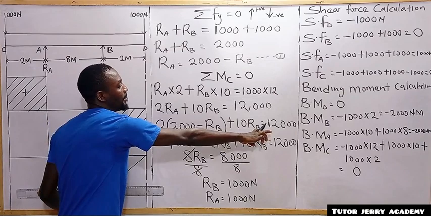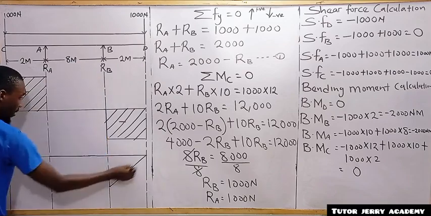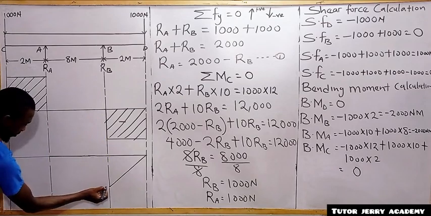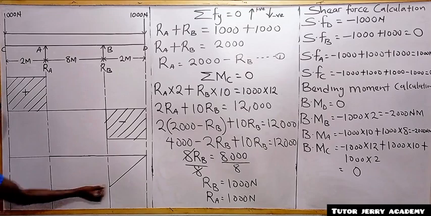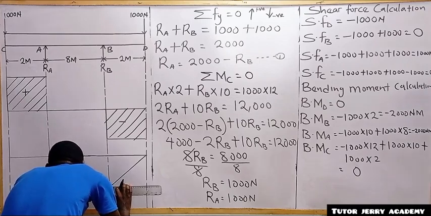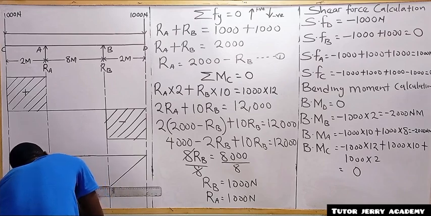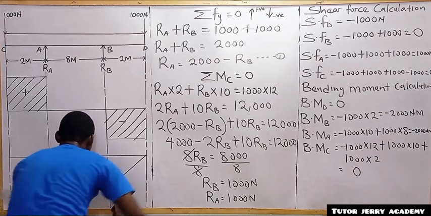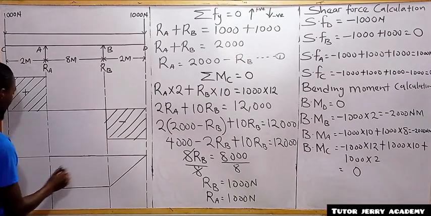Sorry. The bending moment at point A is negative 2000. And don't forget this one too is 2000. So this one is also going to be 2000. And the bending moment at point C is 0.